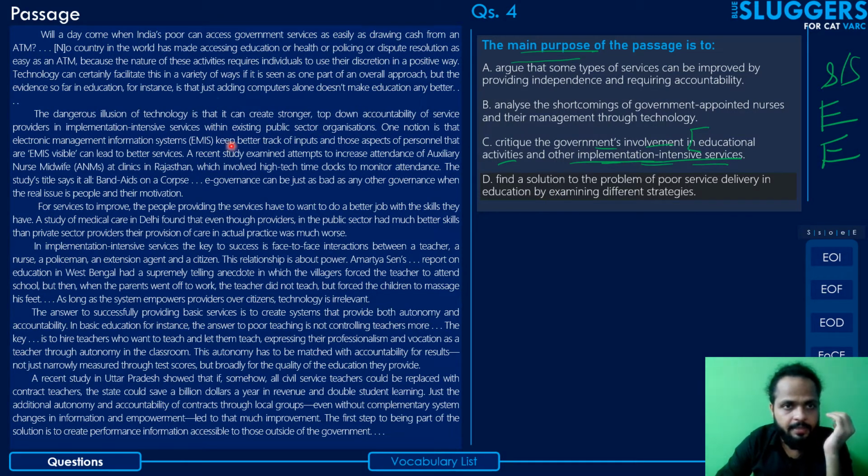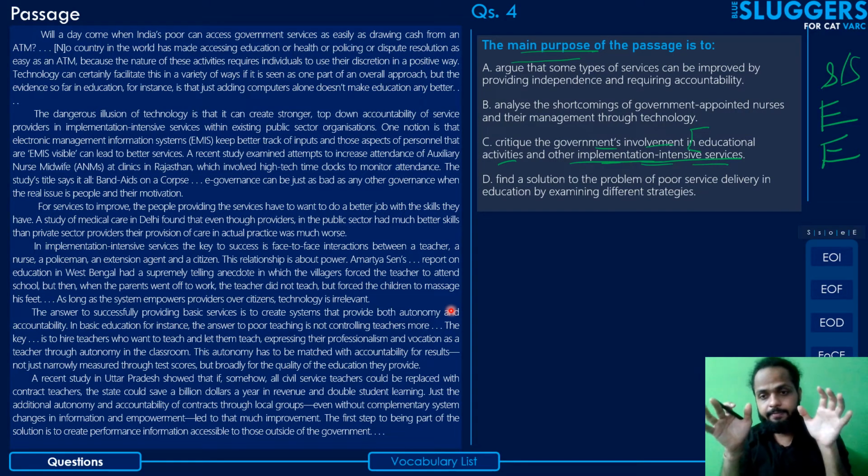He calls them implementation intensive services. It's not just limited to the poor service delivery in education. Yes, granted that he has used this example of education quite often in the later part, but it's very clear and unambiguously clear that the author's thrust has been more general in nature. It's been more about all services in general.